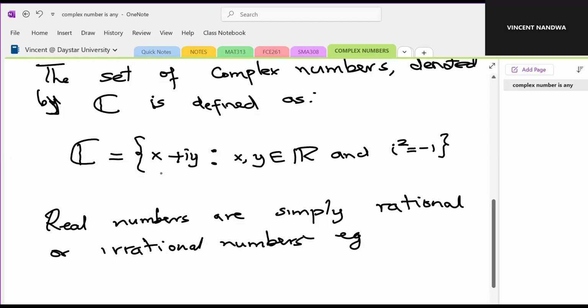For example, we have 1, 5, √3, √2, 10, -50, etc. So these are examples of real numbers.